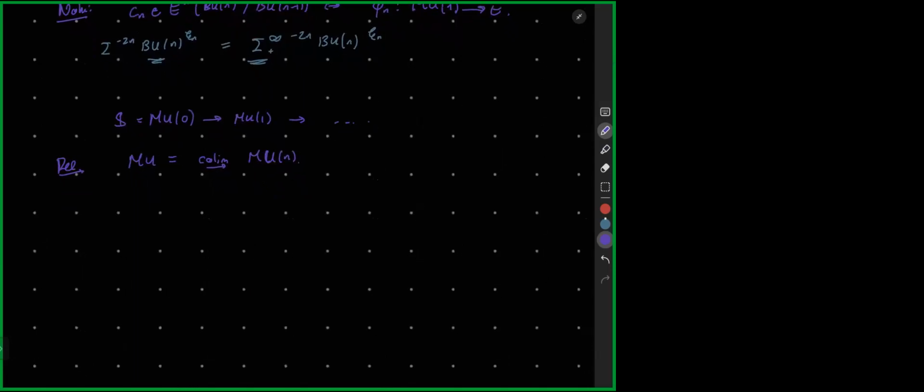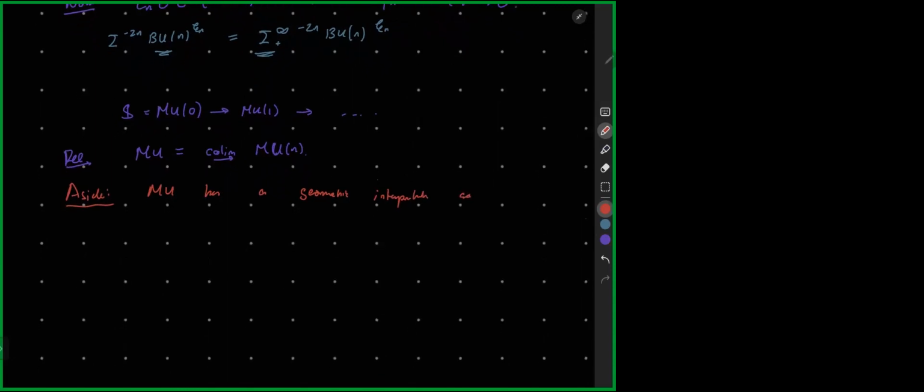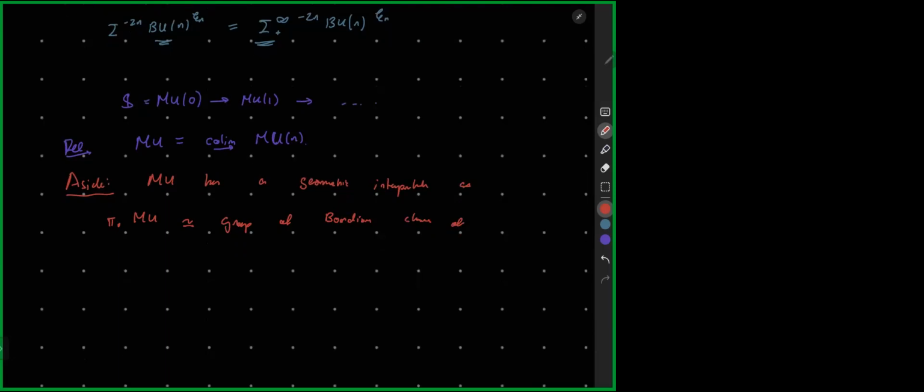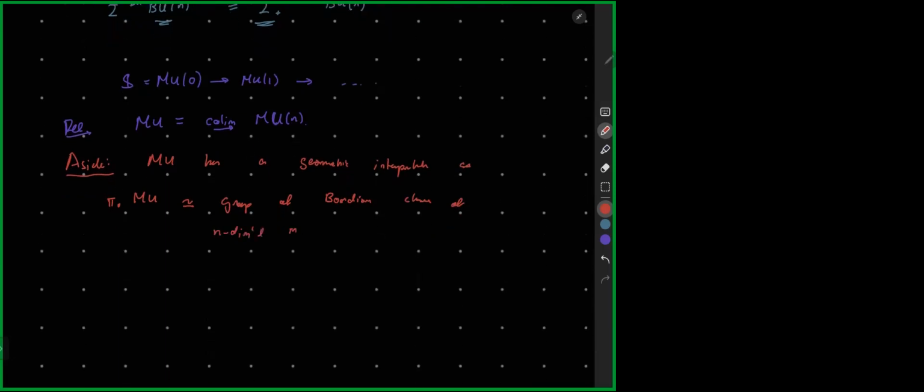And as an aside, MU has a geometric interpretation as having its homotopy groups identified with the group of bordism classes of n-dimensional manifolds with a stable almost complex structure.